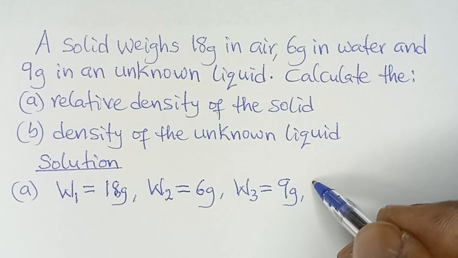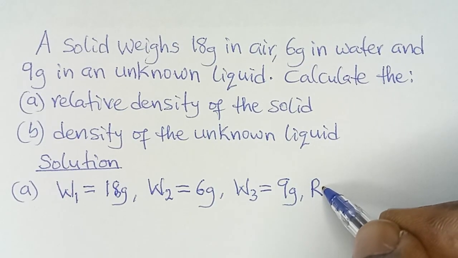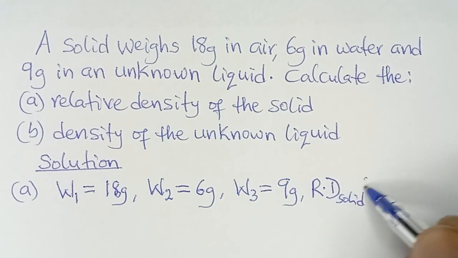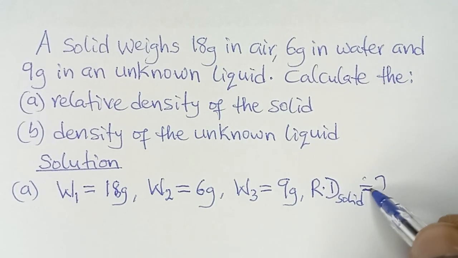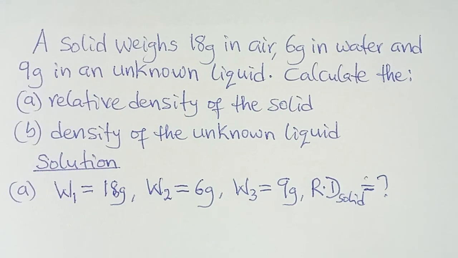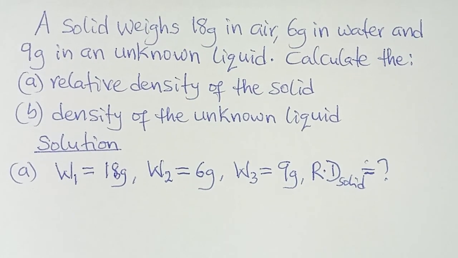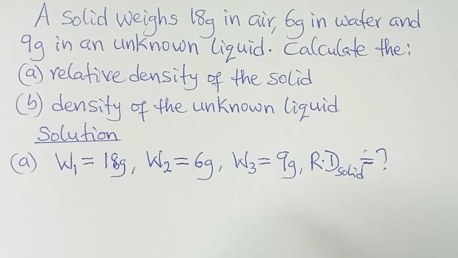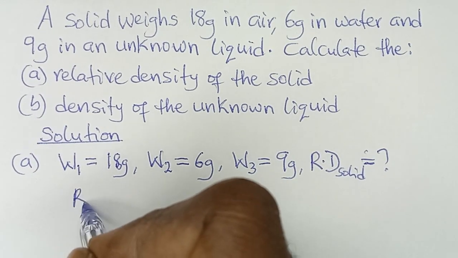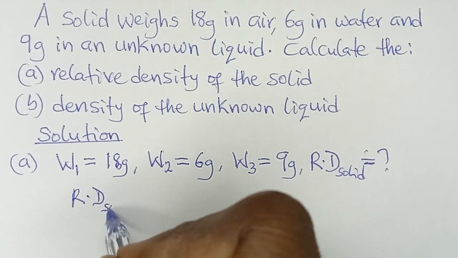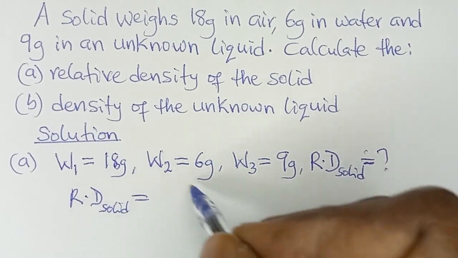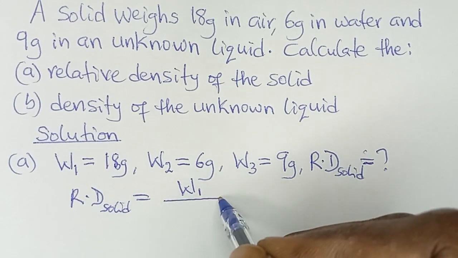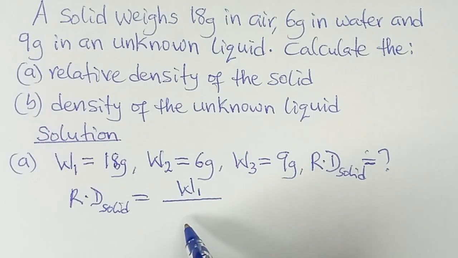And then we are asked to look for the relative density. That is question A. Relative density of the solid. And that is the question mark that we are looking for. Now, we should recall that when we have weights like this, the formula for relative density of the solid is equal to the weight of the solid in air over the loss of weight in water.